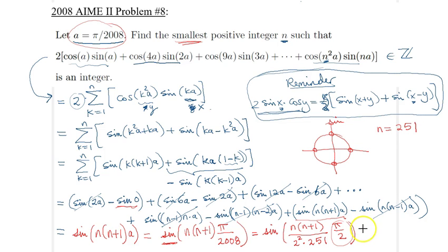So in that case, what we have is 251 times 252, all divided by 2 times 2 times 251. Obviously these two would cancel out, this and this will cancel out, and I will be left with 126. Further canceling, I'll get 63, and that's exactly what I need. The smallest integer will be there. So therefore the smallest positive integer n which works is n equal to 251, and we're done.